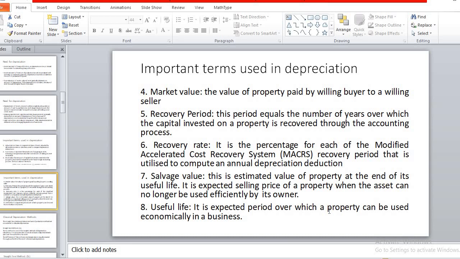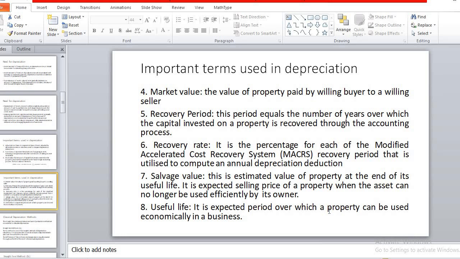So it is under no compulsion of buyer and seller. Whatever value is given by the buyer to the seller is nothing but the market value.